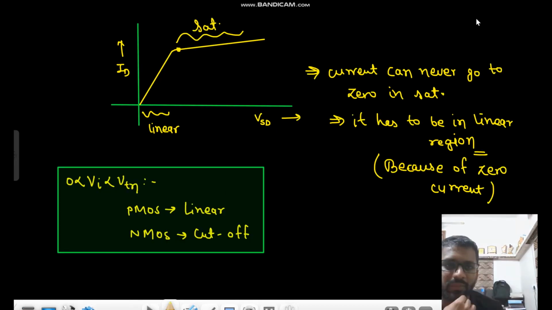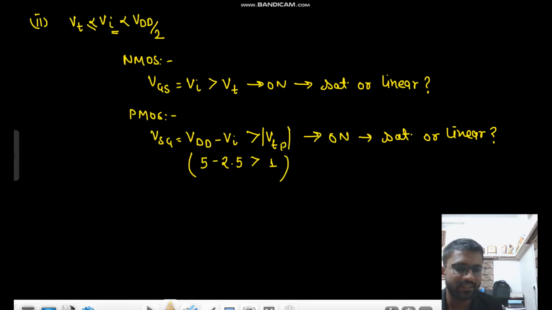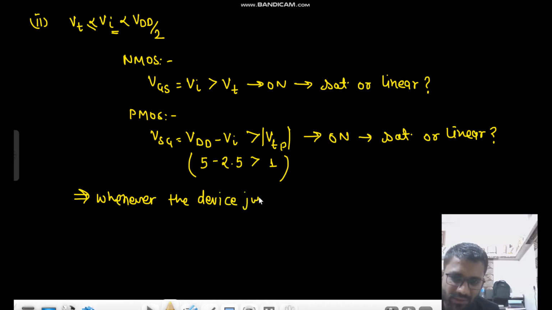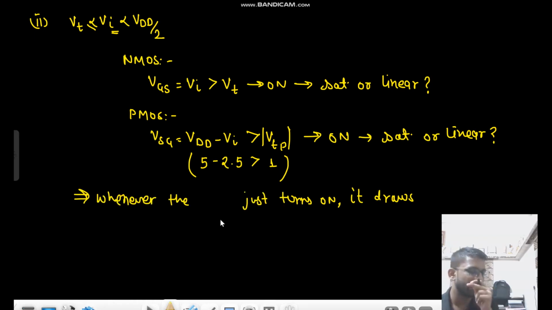That means there is very little current through the NMOS. If there is very little current through the NMOS, there will be very little current through the PMOS as well. Whenever the MOS just turns on, because in the transfer characteristics we can see that when VGS is just greater than VT, there is very low current, right?